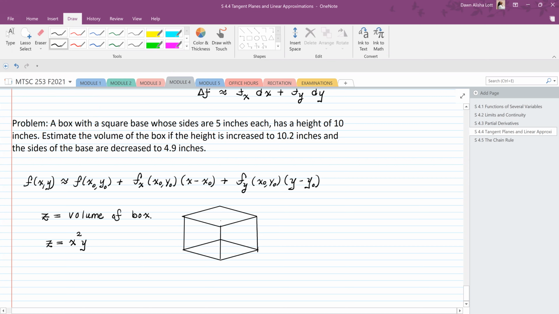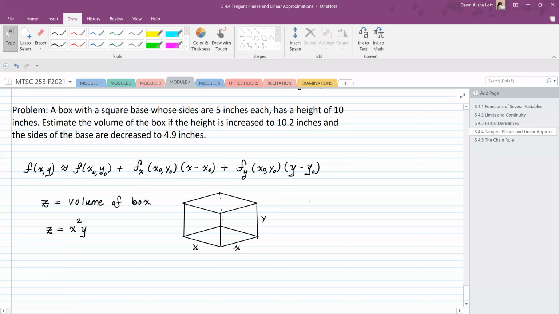Okay, so there's my box. This side is x, this side is x, this side is y. So the volume of the box is x squared y. Originally x naught is 5 and y naught is 10.